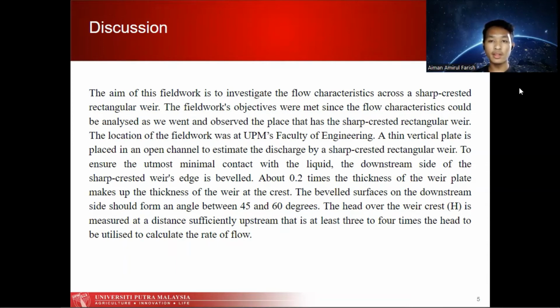The bevel surfaces on the downstream side should form an angle between 45 and 60 degrees. The head over the weir crest H is measured at a distance sufficiently upstream, that is at least 3 to 4 times the head, to be utilized to calculate the rate of flow.